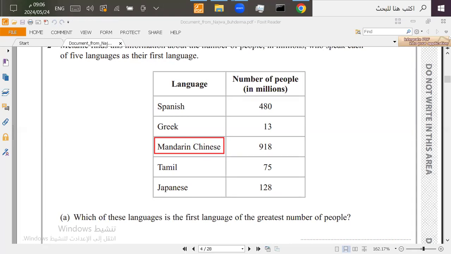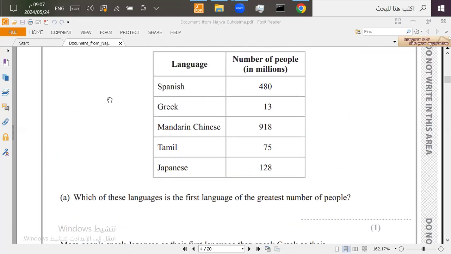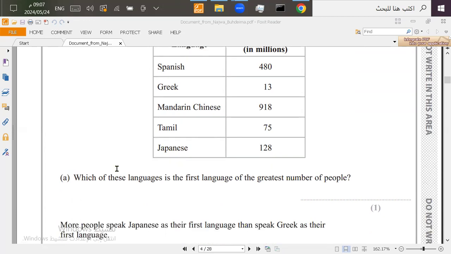Now let's move on to the next one. More people speak Japanese as their first language than speak Greek as their first language. How many more? It means we take the Japanese and the Greek and subtract them from each other. So 128 and 13.